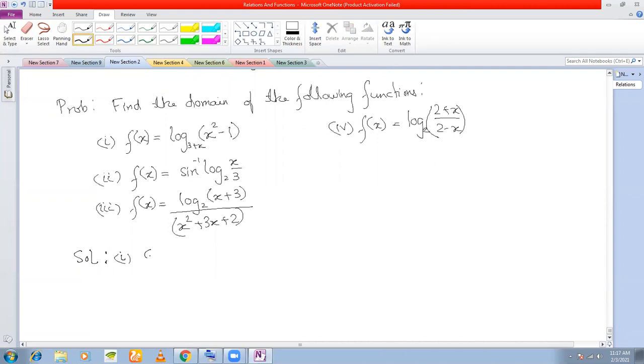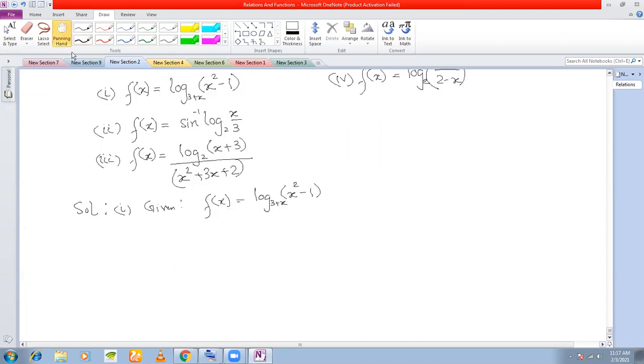First one, given f(x) is equal to log of x square minus 1 to the base 3 plus x. Now, for any log function, what happens? If I write f(x) is equal to log x, I mean there is a base here and there's an x here.